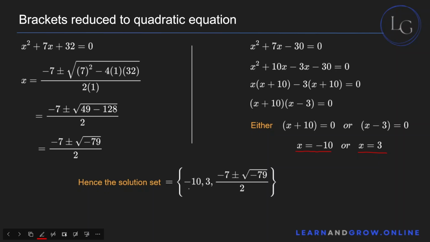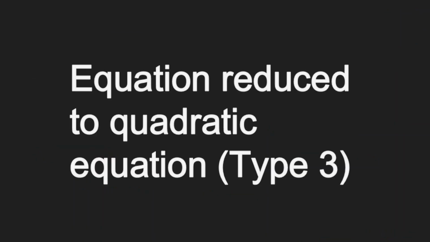So you get four values: minus 10, 3, and you'll get two values from this equation here, and they'll both be imaginary, as minus 79 here is being square rooted, and a negative number being square rooted will give an imaginary value. So you'll get two imaginary numbers over here, and that is the solution set.